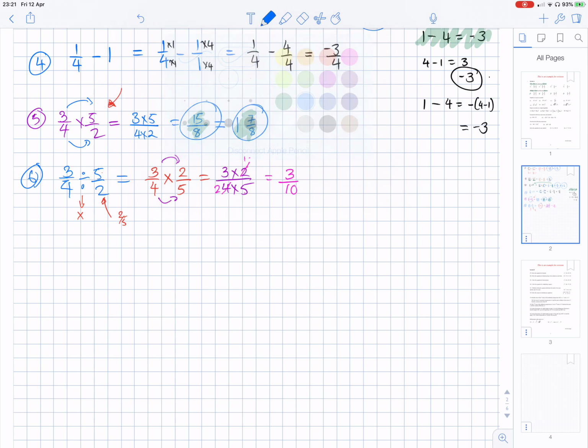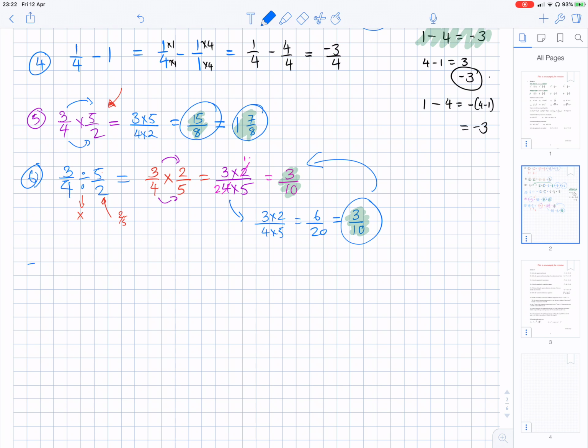Alternatively, you could say 3 times 2 over 4 times 5 is 6/20, because 3 times 2 is 6 and 4 times 5 is 20. But you can simplify this because 2 can go into both 6 and 20. 2 goes 3 times into 6 and 10 times into 20. So again, you get the same answer. Perfect. So the answer is 3/10.